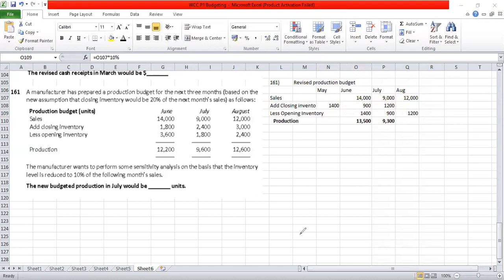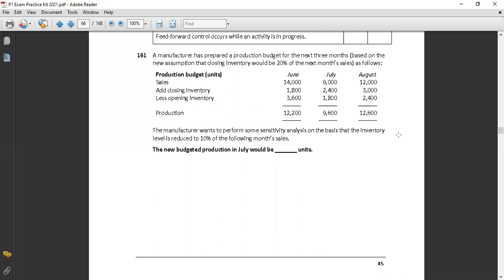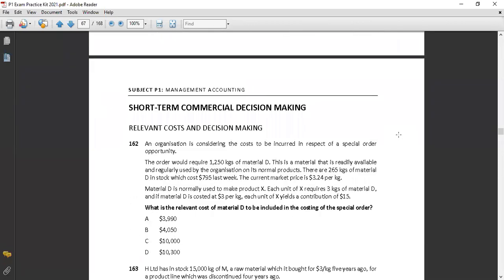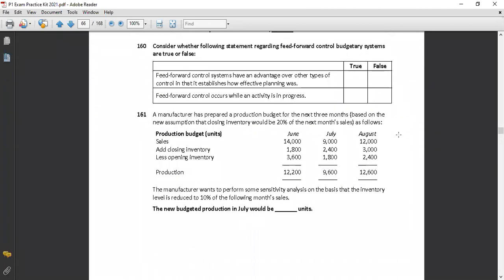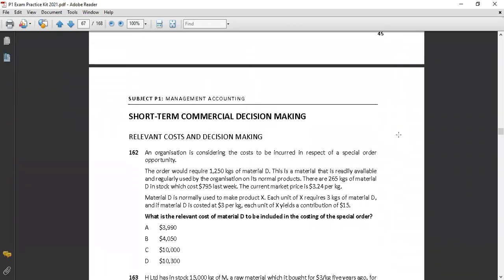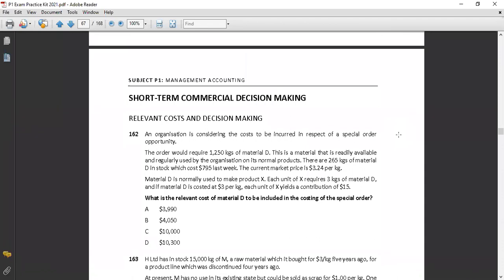I think that would be the end of numerical questions in budgetary control. Of course, many theory questions are there. We have not touched them. The remaining topics are short-term commercial decision making under relevant cost, which is one topic.